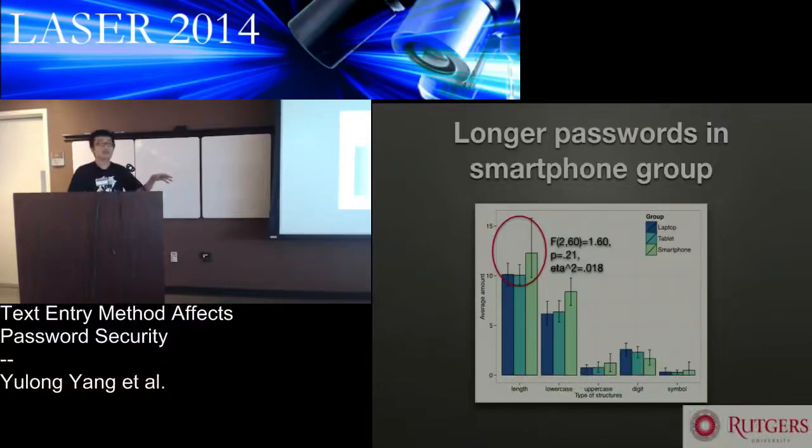But by calculating the effect size, which is eta squared, we find that we did have a small effect size for the password lengths across the groups. And from the graph you can see it's probably because the passwords in the smartphone group are longer than the passwords in the other two groups.